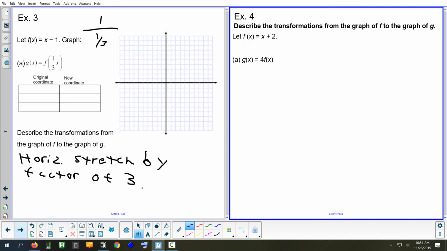Okay. Let's look at 4. Now 4 is kind of what you're going to see on the test. Describe the transformation. Here's the original. The original doesn't really matter that much. The original can be anything you want. This is what's important. Number times f of x. You put a number in front.